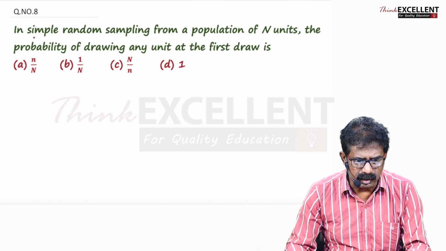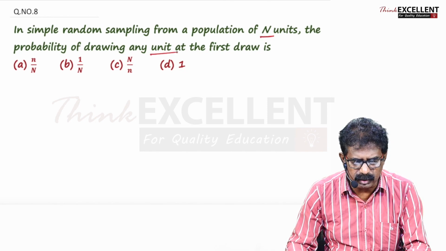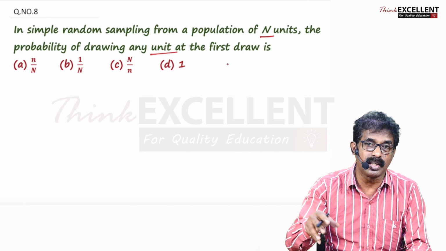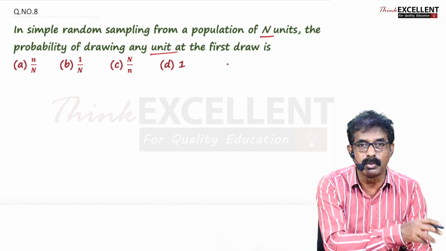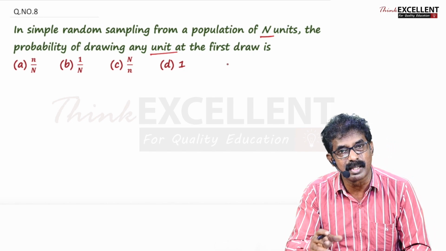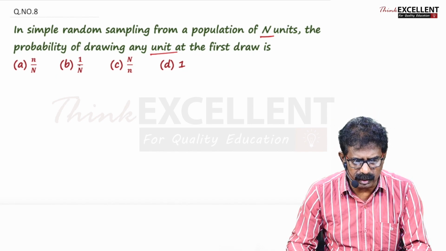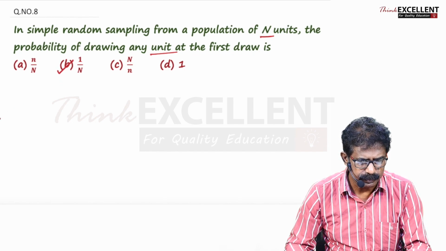In simple random sampling from a population of n units, you are taking 1 unit, okay? The first draw means all the n units are there. Second draw, suppose you take 1 unit and keep it outside, then the second time it will be only n minus 1, then 1 by n minus 1. Here there are n observations, so the probability of drawing any unit is 1 by n.